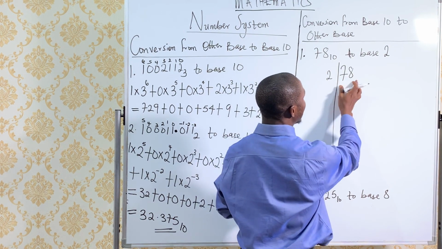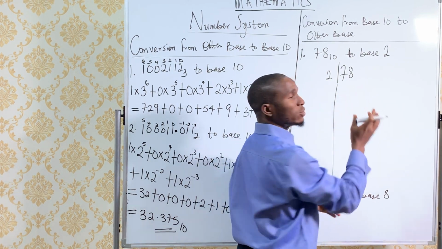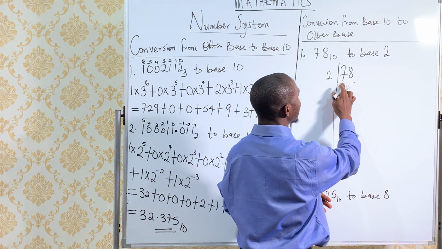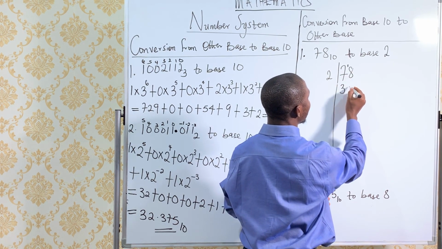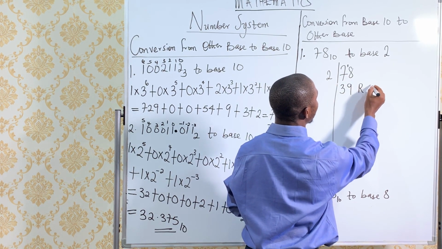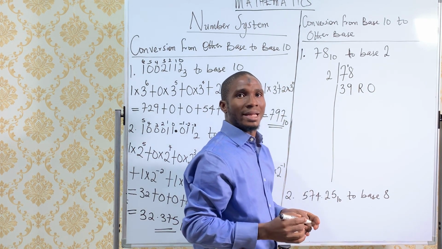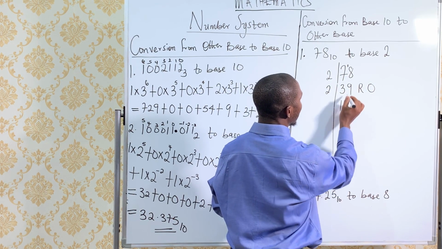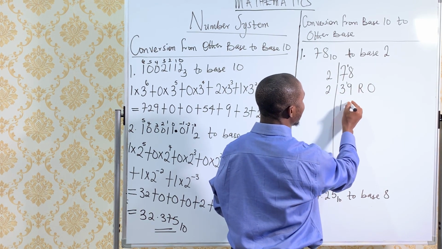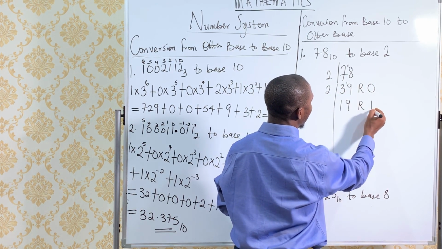Now, let's divide this. How many 2s can we get in 78? So pick it one after the other. 2 in 7, 3. Remember 1. 2 in 18, 9. Remember 0. Like that, in that format. So we continue. 2 in 3, 1. Remember 1. 2 in 19, 9. Remember 1.